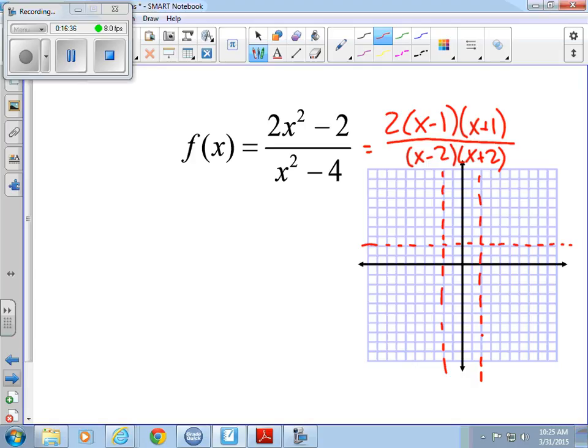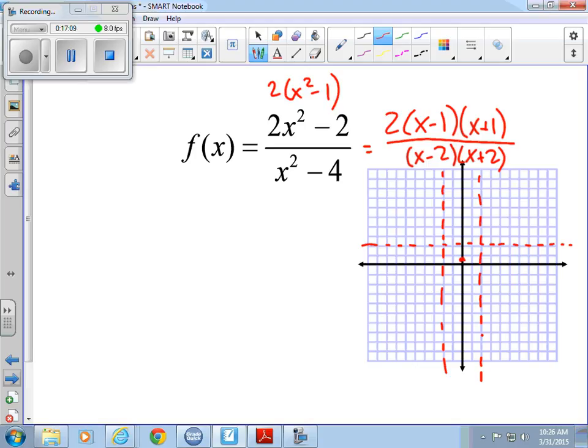We didn't find this yesterday, but if we wanted to, we could plug in 0 for the x's and get the y-intercept of 1/2, just for an extra point to plot. For the x-intercepts, on the top, you have to do a greatest common factor first.